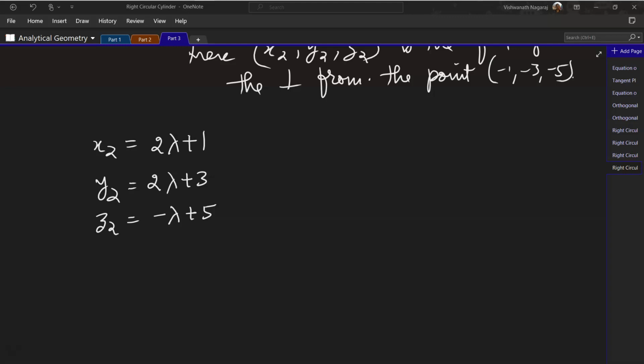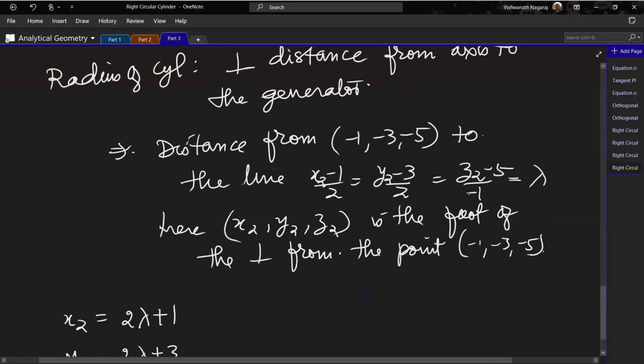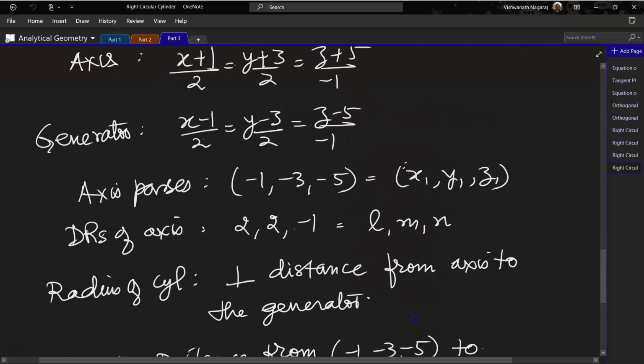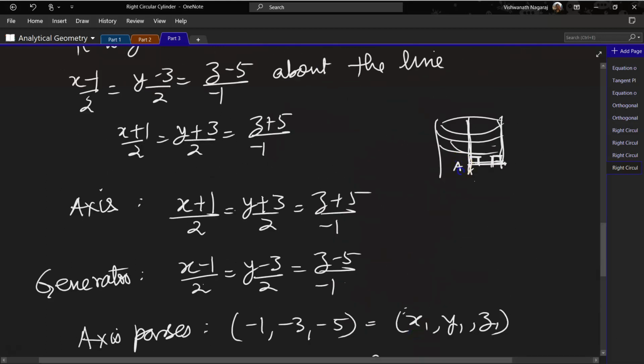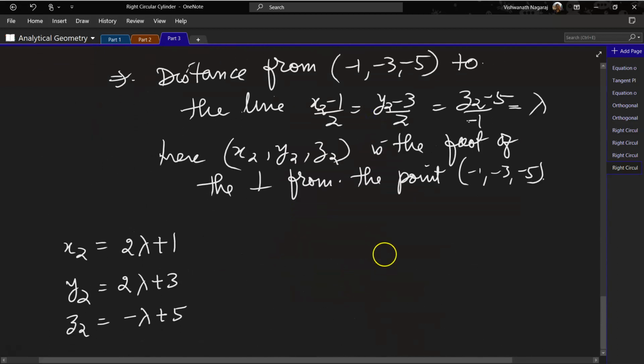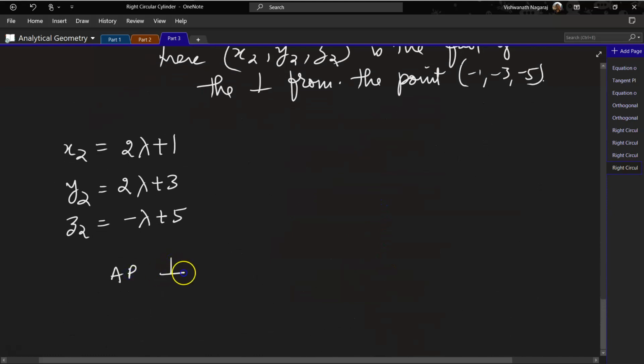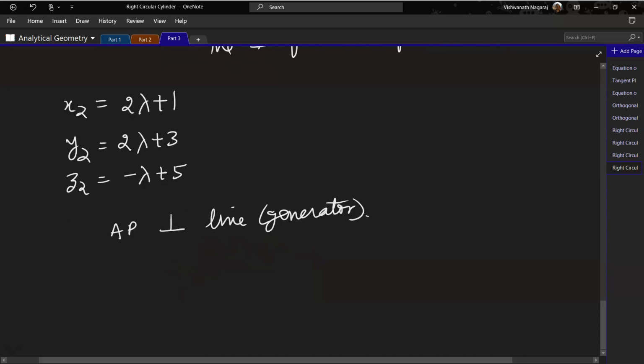So since, let us say, this is A, I should have done it from the beginning, and this is P, AP would be, remember, perpendicular to the line, which is a generator, and they are going to be perpendicular. So therefore 2 times, and the line's direction ratio.